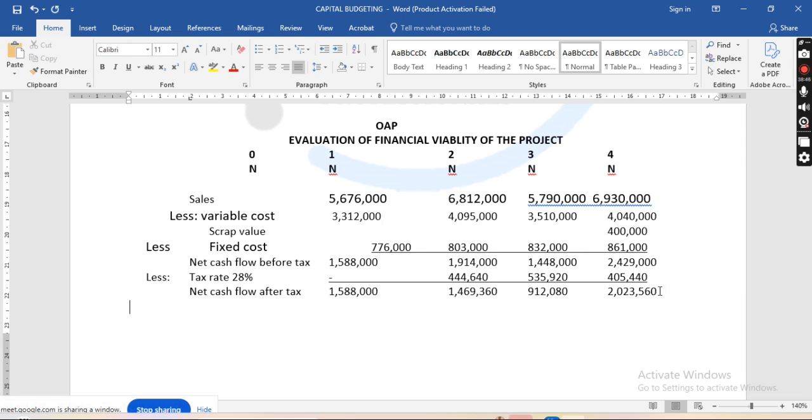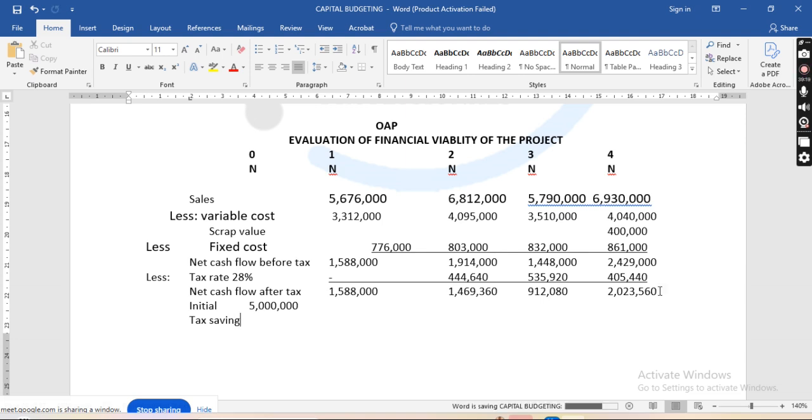Now, the next thing is that if there is working capital, you bring in your working capital. Then you bring in your initial outlay, your yearly tax savings, right? So we have the initial outlay, which is 5 million. After this initial outlay, there are tax savings every year.